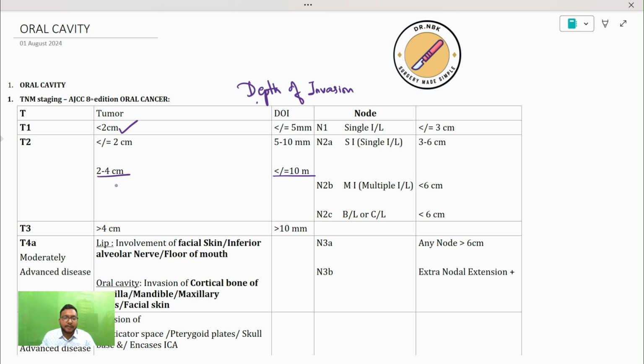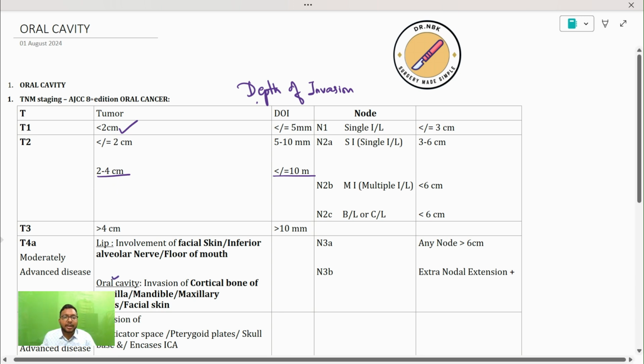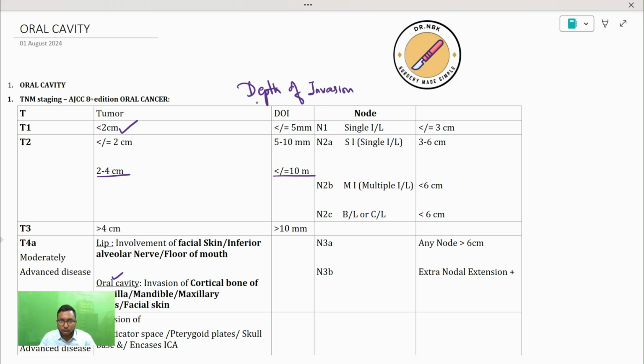Let's say the patient has a lesion inside the oral cavity. If this tumor infiltrates or involves cortical bone of either maxilla or mandible, or the maxillary sinus or the facial skin, involvement of any of these structures will come under T4A, right? So this is regarding oral cavity for T4A.